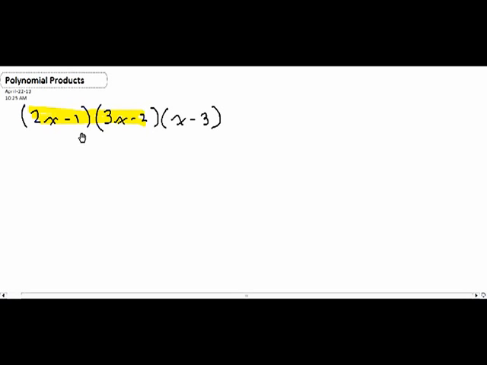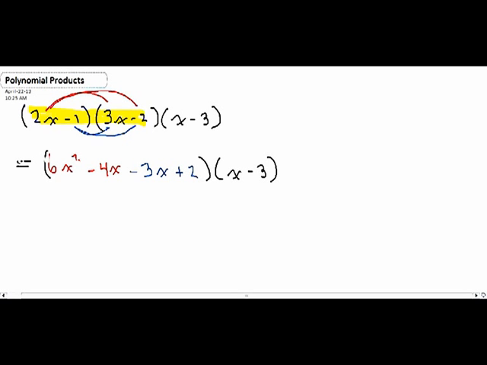So what I want you to do is to FOIL out 2x minus 1 onto 3x minus 2. If you don't like using FOIL, you can use the table method or whichever method suits you best. So multiplying these out, what we're going to find is 2x times 3x is 6x squared. 2x times negative 2 is negative 4x. Negative 1 times 3x is negative 3x.